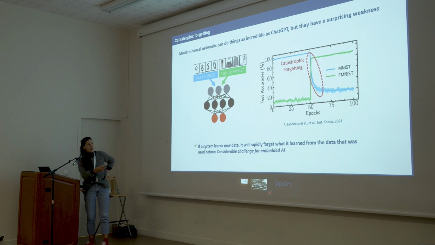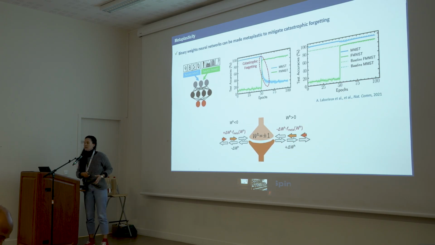Simply, when this is an issue in neural networks, every time you want to learn a new task, you forget the previous ones. It's a huge issue. In his work, he could show that in binary neural networks, this could be significantly mitigated by the use of hidden states in these binary synaptic neural networks.